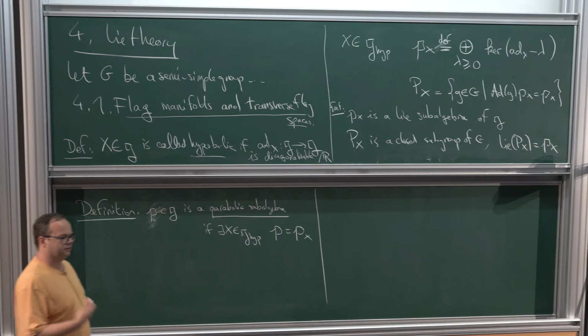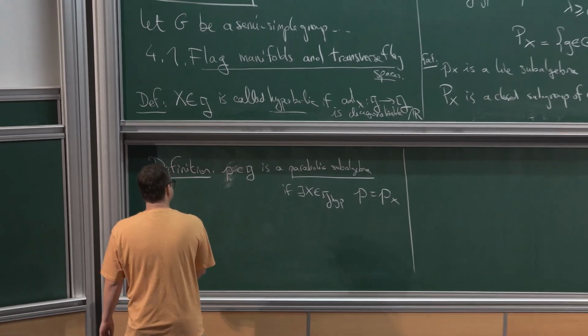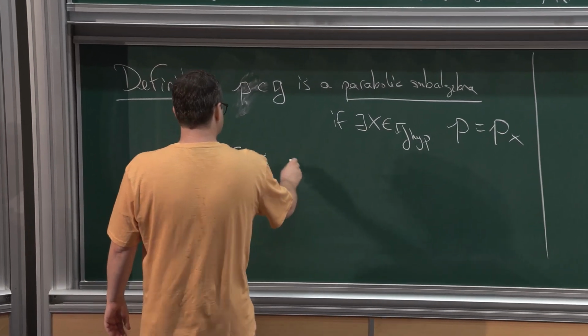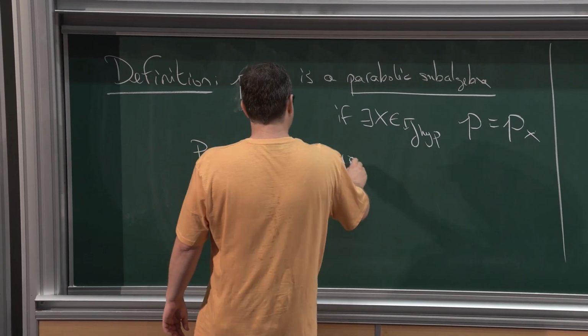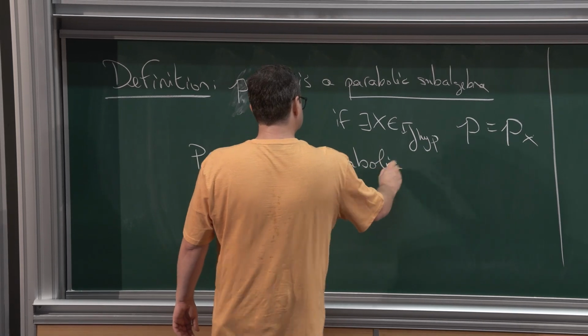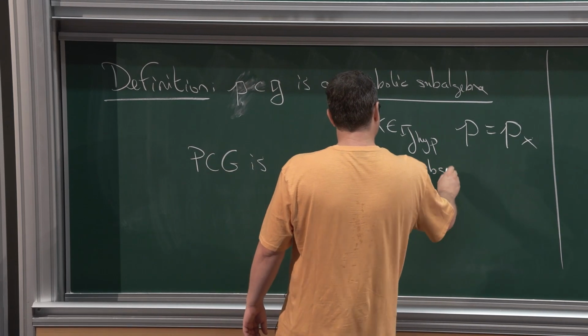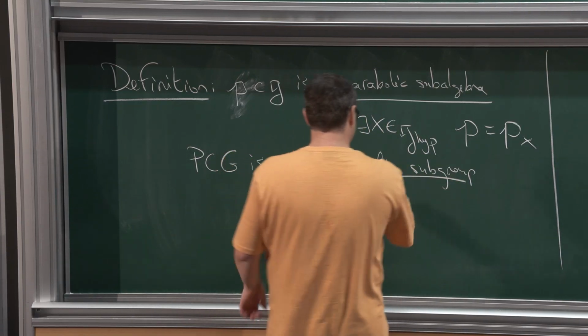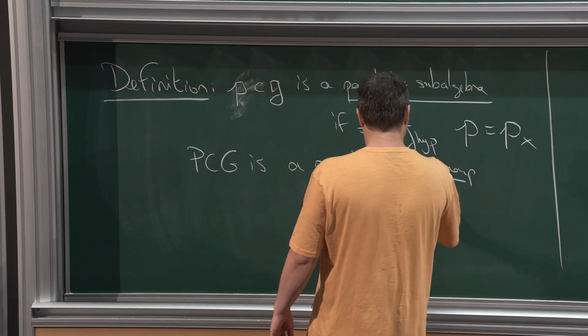There are tons of x's that will work. And the same for a group: P in G is a parabolic subgroup if it is P_x for some x.